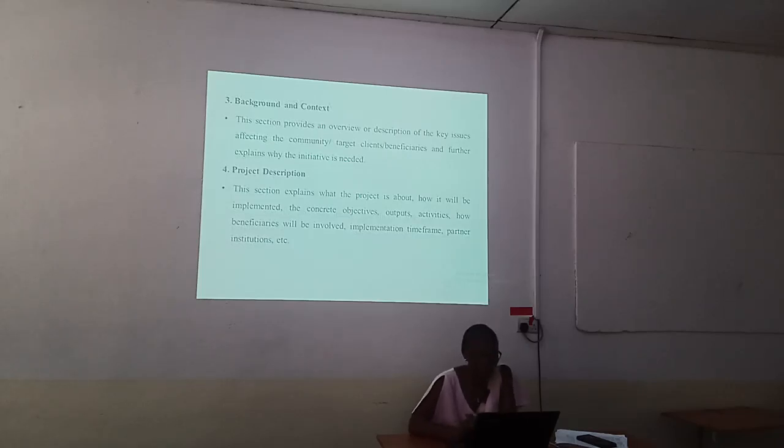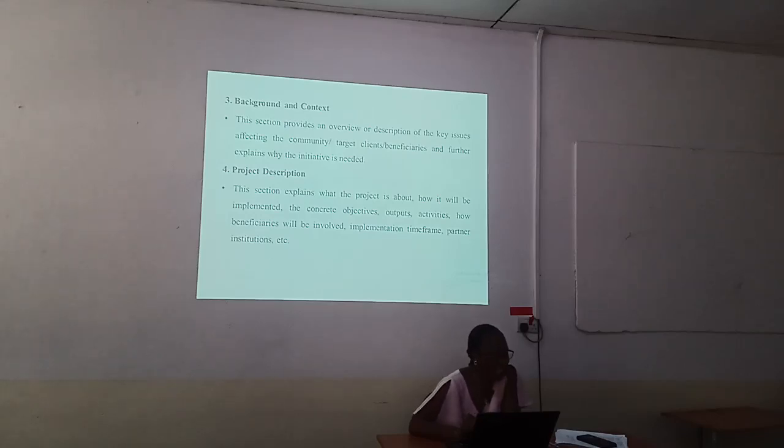And the other one is background and context. Background. You need to provide the key issues affecting the community, the beneficiaries. Background information about the target beneficiaries, and further explain why the initiative is needed.